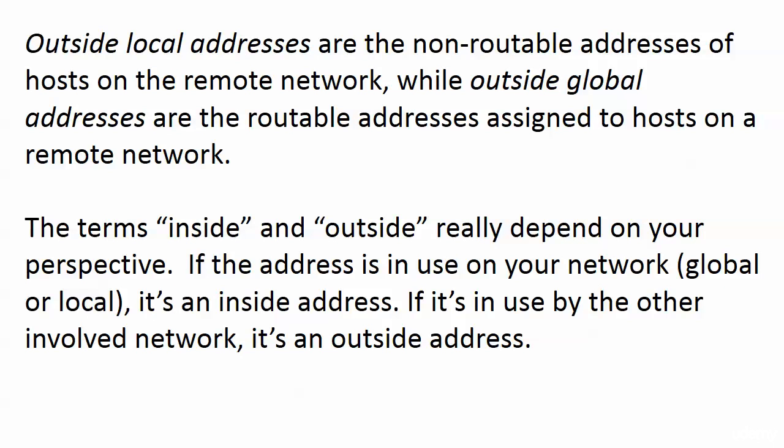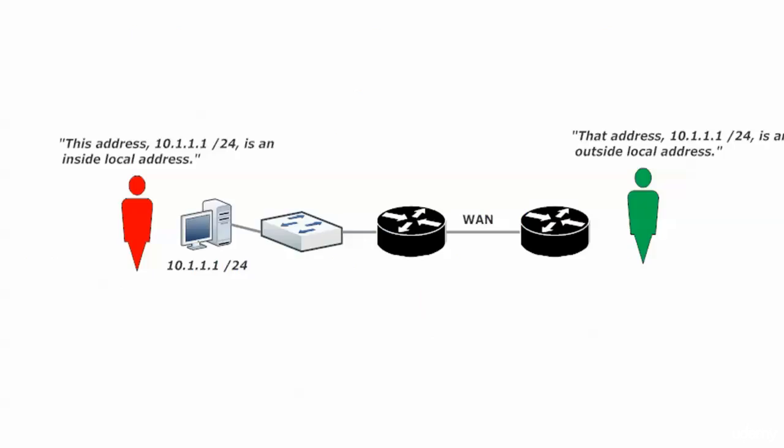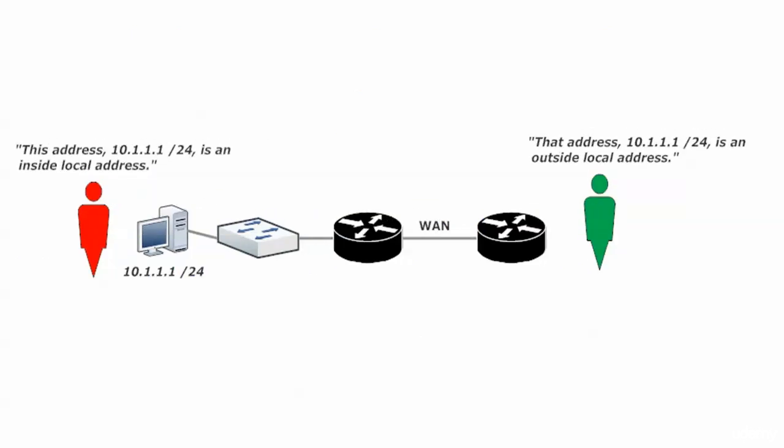Now, the terms inside and outside really depend on your perspective. If the address is in use on your network, whether it's global or local, it's an inside address. If it's in use by the other involved network where the host that we're communicating with is, then it's an outside address. And this is what I mean by it all depends on your perspective.